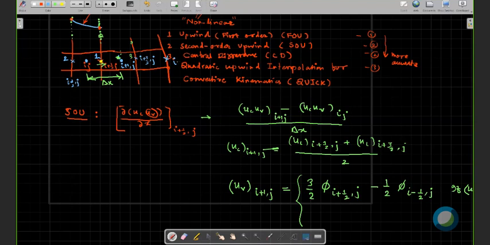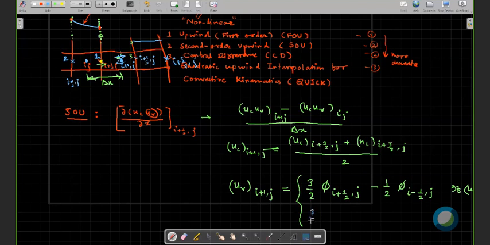So it will be I plus 5 by 2 j. So these 2 points will come into picture depending on the value at this point. So if it is positive, then these 2 points. If it is negative, then these 2 points.